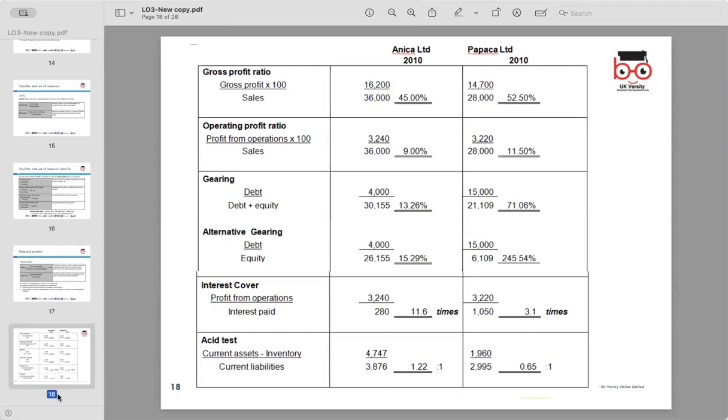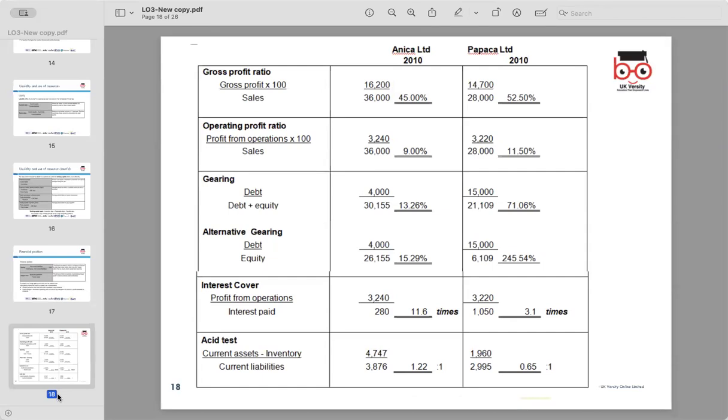This suggests a moderate reliance on debt financing compared to equity. On the other hand, Paprika Limited had a much higher gearing ratio of 71.06% and 45.54% using the respective methods, indicating a significant reliance on debt for its capital structure.